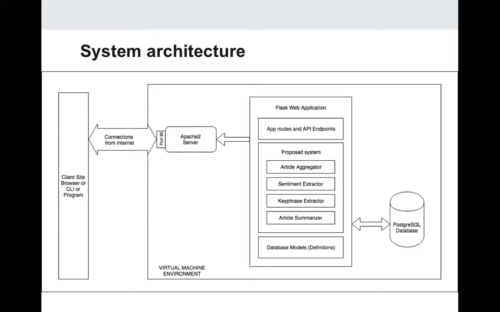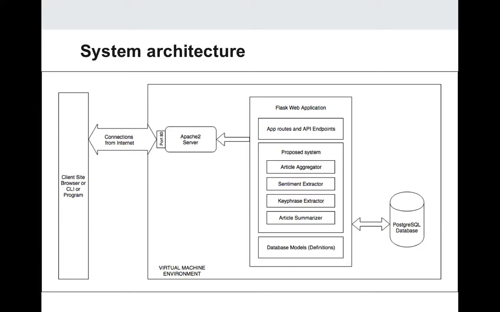The processor system comprises of the article aggregator, which crawls the websites of all the news providers and gets all the links and the articles. Sentiment extracts the sentiment, key phrase extractor extracts the key phrases from the article, and the article summarizer summarizes the article to two sentences, which is a limitation we have imposed on our own. It can be extended to n number of sentences as the summary.